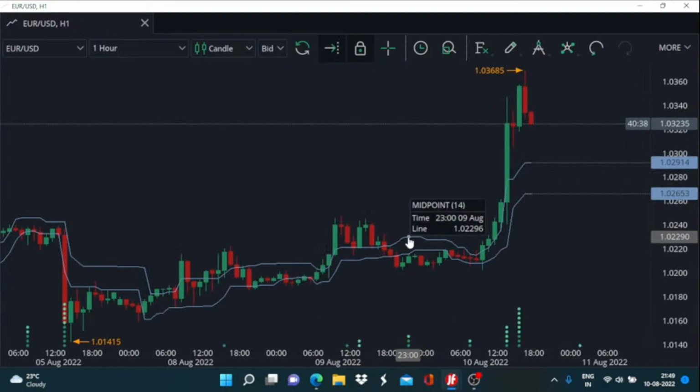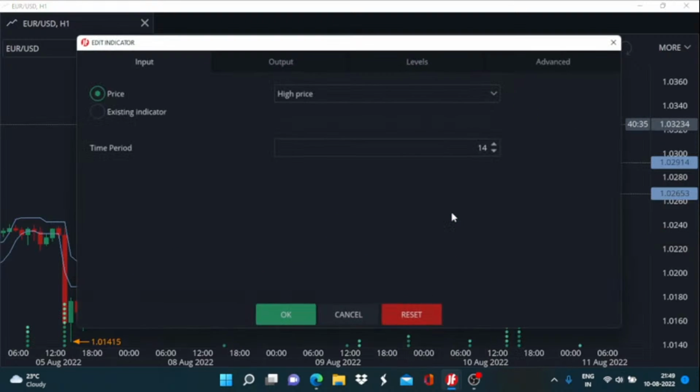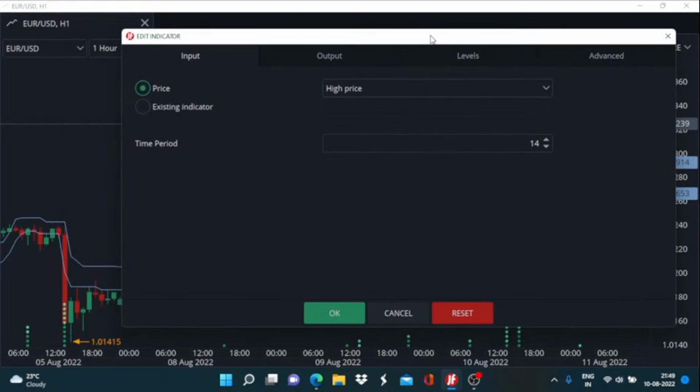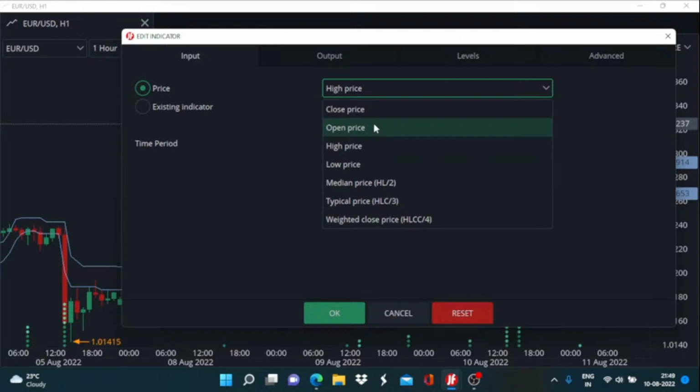Now here there are some additional options available to us, that earlier we were using the candle price. The applied price was the candle's high price, close price, or all these options given to us.